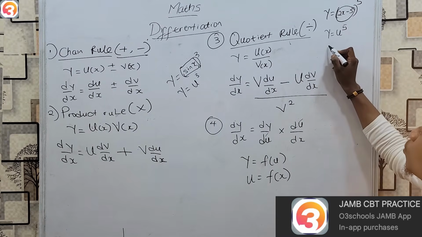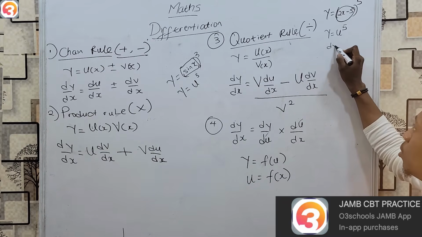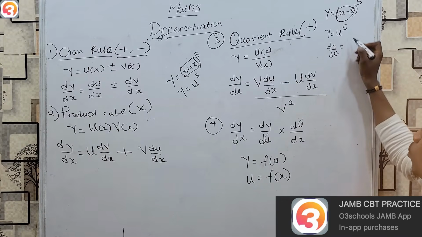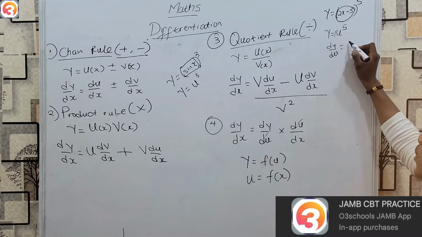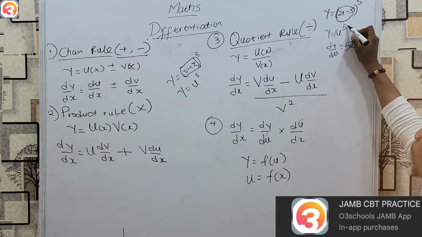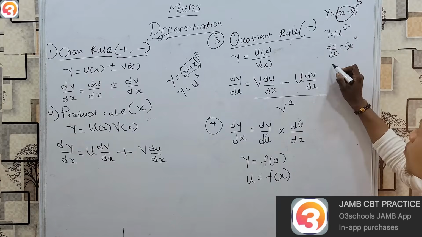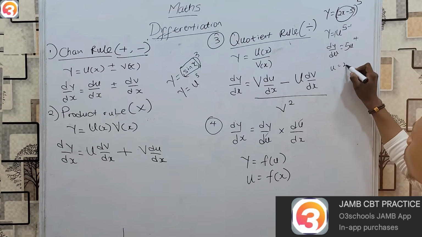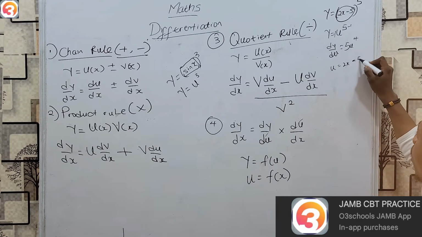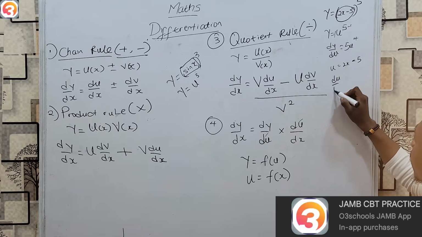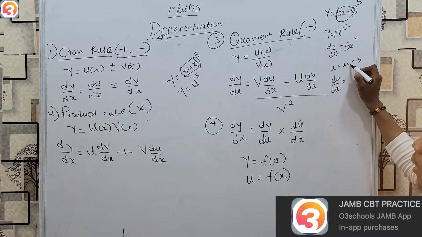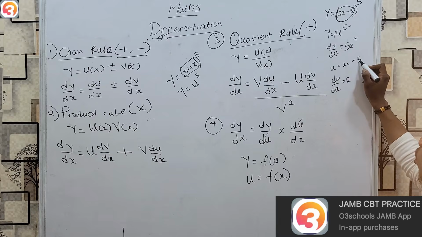And as such, I can find dy du. dy du will be, there's a 1 here, 1 times 5 is 5, u to the power 5 minus 1, which is 4. Then also, u equals 2x minus 5, and I can find du dx. Differentiate 2x, you get 2. Differentiate 5, you get 0.